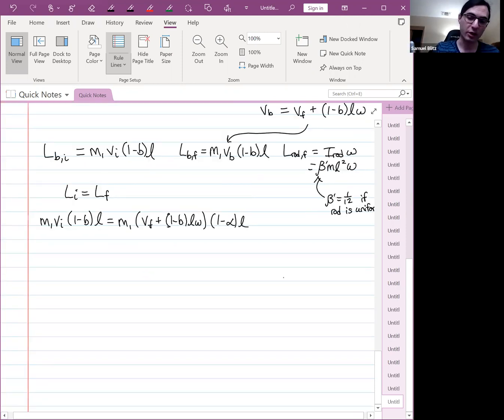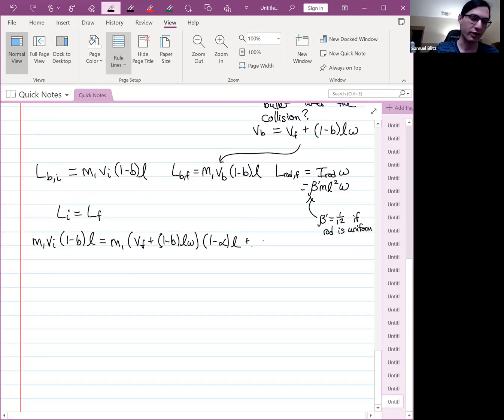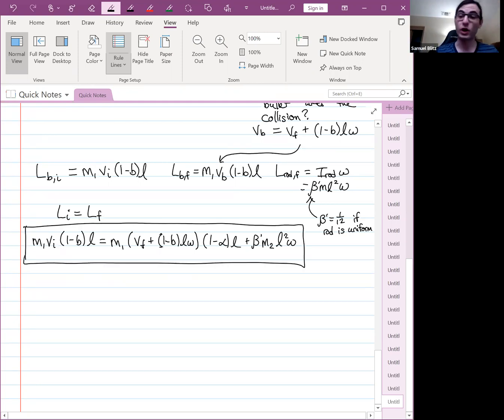I know this is getting messy, by the way. This is going to be the worst algebra you've ever seen. Plus beta prime times m2 times L squared omega. So that is one of our equations. That is our first equation. That is our angular momentum conservation equation.